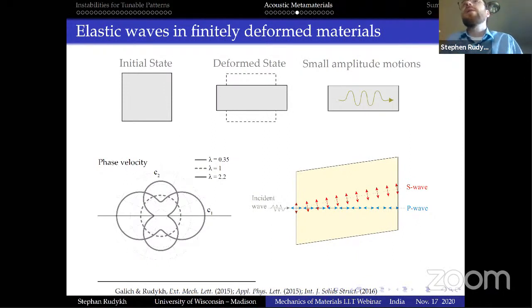And this is the reason: pressure waves are not really much affected by the deformation unless the material is quite compressible, which is not always the case for soft materials, while shear waves are very sensitive to this deformation, and so they kind of follow what you apply in terms of global deformation.